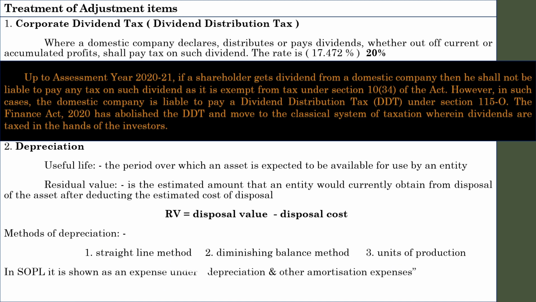So how is it treated? From now on, listen very carefully. In the statement of profit and loss, or for convenience we can say the trading profit and loss account, the other name of the trading profit and loss account is statement of profit and loss, it is shown as an expense under depreciation and other amortization expenses. So here we have to show the depreciation. We already dealt with such cases in the previous session. So in the statement of profit and loss, you have to show depreciation as an expense, and where else do we have to show the depreciation, because all these are given in the adjustments.